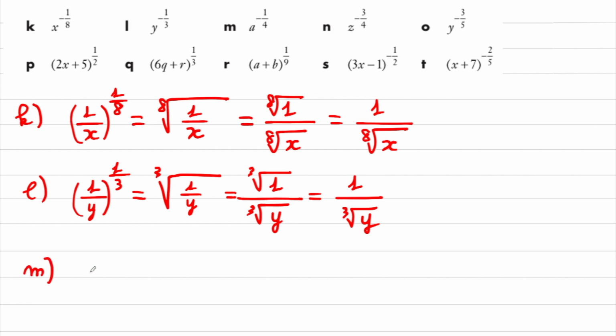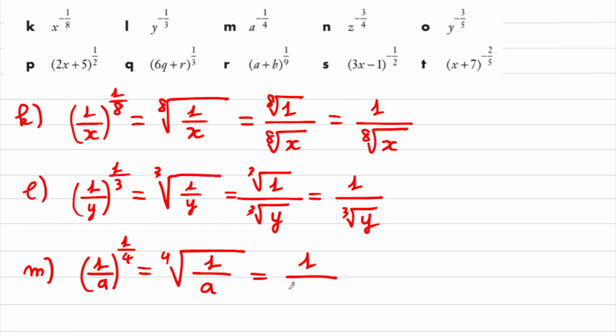Question m, you got 1 over a and 1 over 4 here. Take the reciprocal for changing negative indices to positive indices. Just like the same idea with the previous exercise, you got 1 here and you got 4 here, and 1 over 4th root of a. Yeah, that is question m.